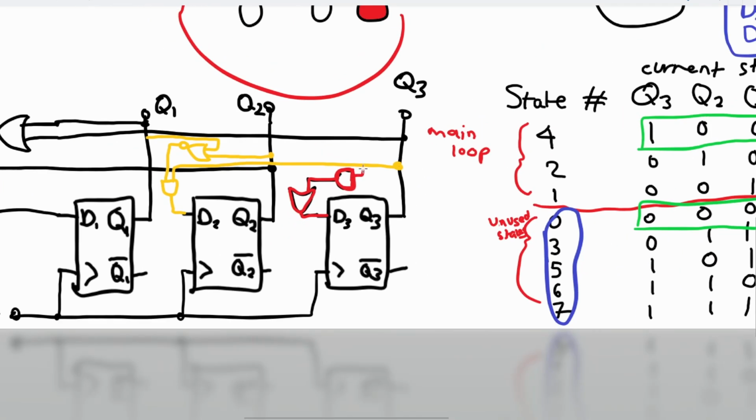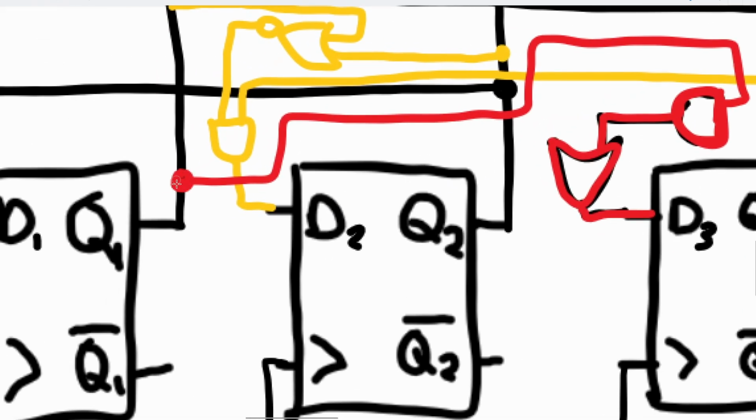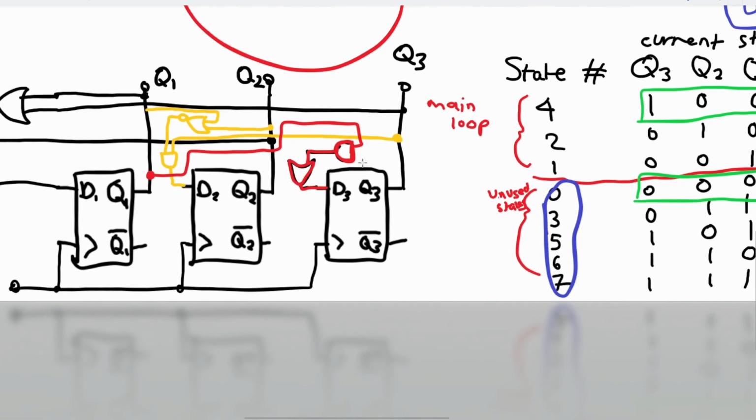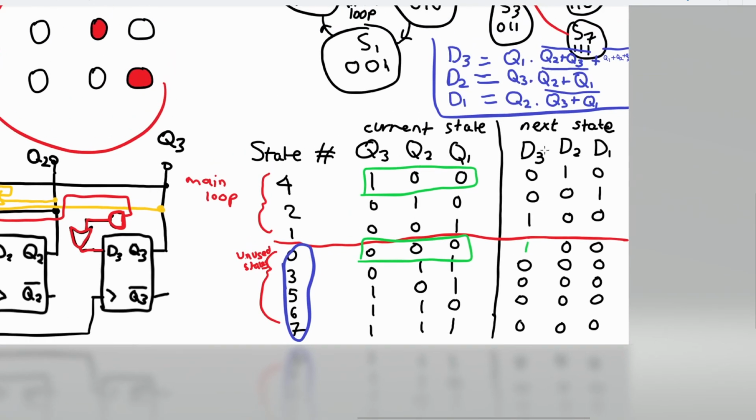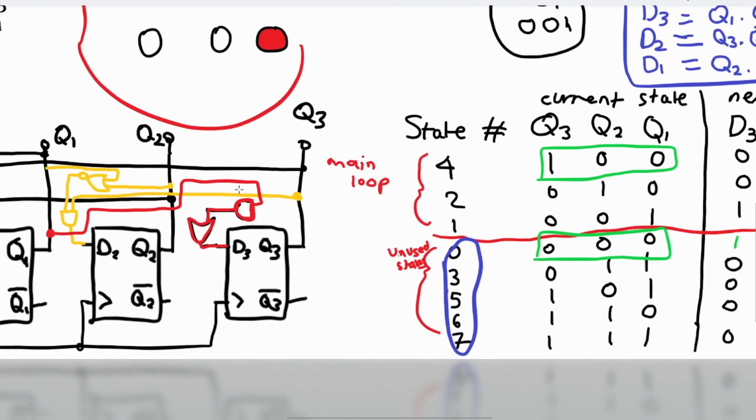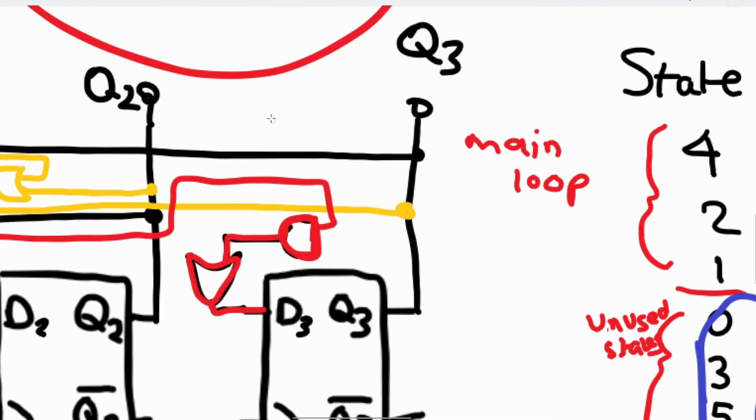So we're going to grab Q1. Going to navigate through because we've got loads of stuff. Q1 and NOR Q2 and Q3. So let's just do a NOR here.